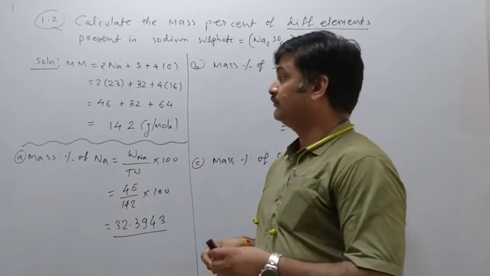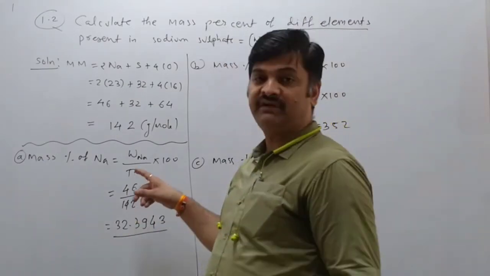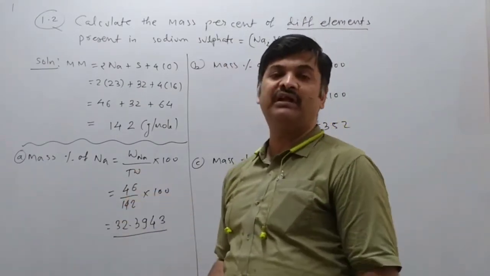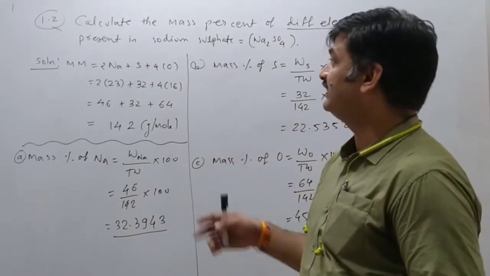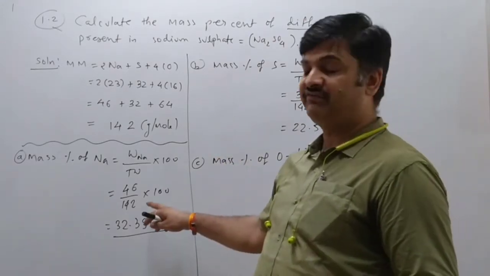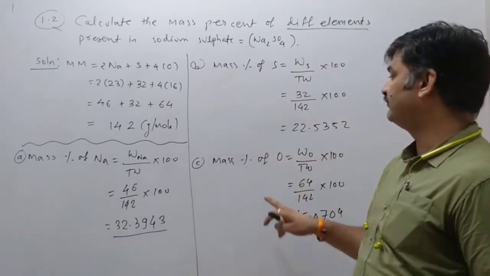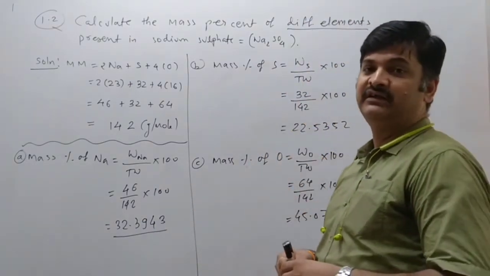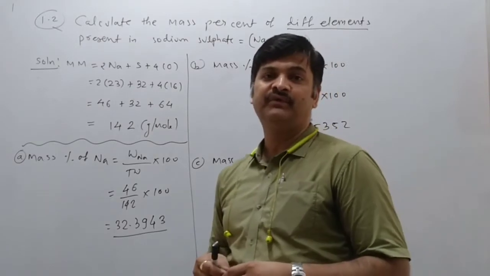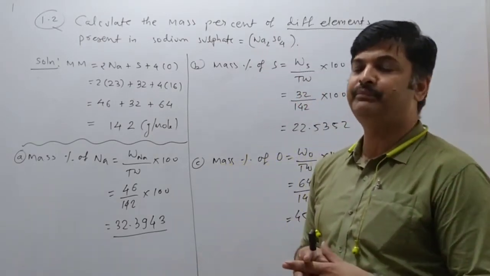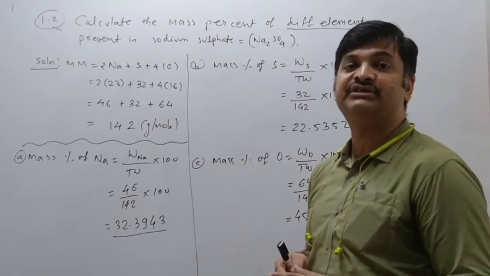So here you have to remember one thing. After this answer comes, if you are adding, and this is related with percentage, whenever we add the percentage of sodium, percentage of sulfur and percentage of oxygen, then the answer will be 100. If 100 comes, it means you are perfect, otherwise some mistake is there.